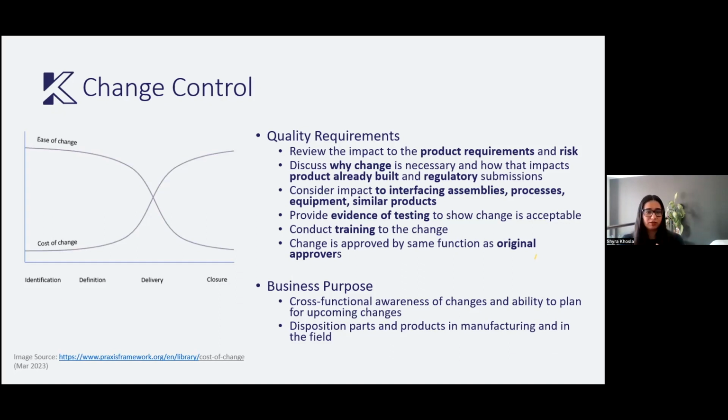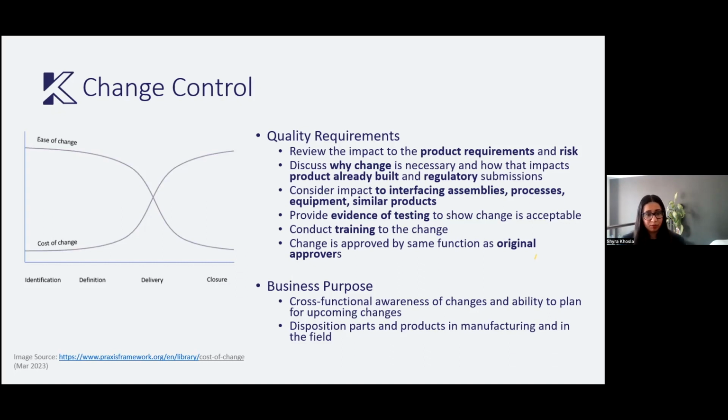And all of that just kind of goes into supporting that this change is needed and the scope of the change. But also what's important is that you've now gone and you've done any re-verification or revalidation to show that this change is still acceptable for use in this product, and it still meets all of your product requirements or your user requirements as well.